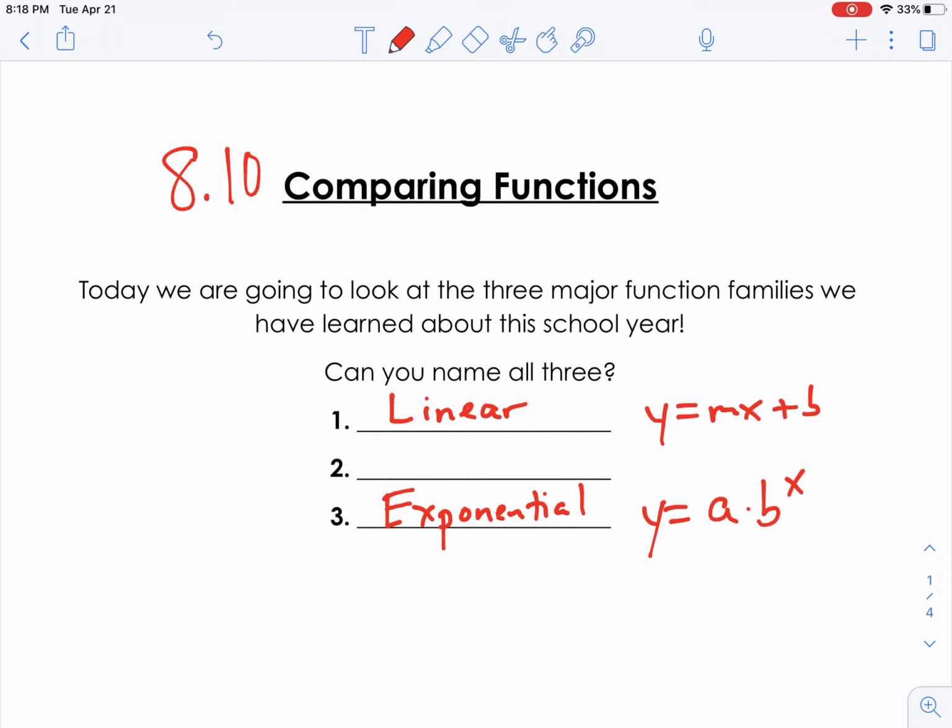Hence the name exponential, because the exponent is a variable. And then what we just finished up in chapter 8 were quadratics. That's y equals ax squared plus bx plus c. Those are the three generalized formats of the three major function families that you learn in Algebra 1.